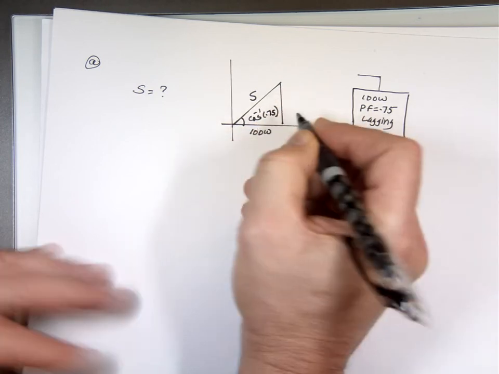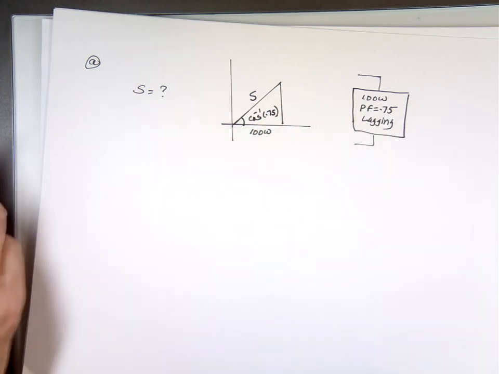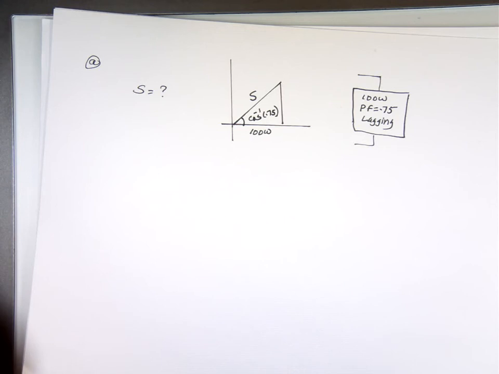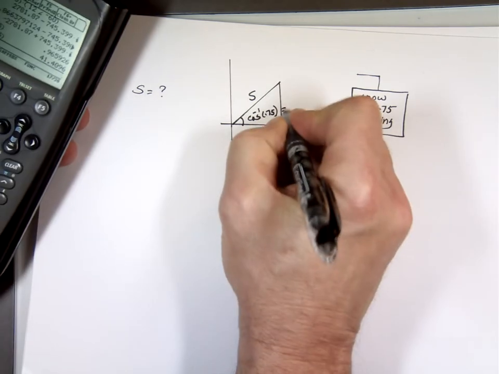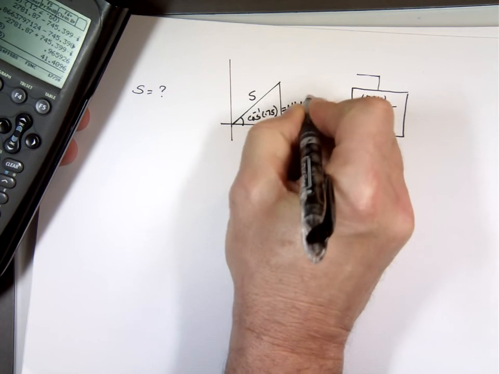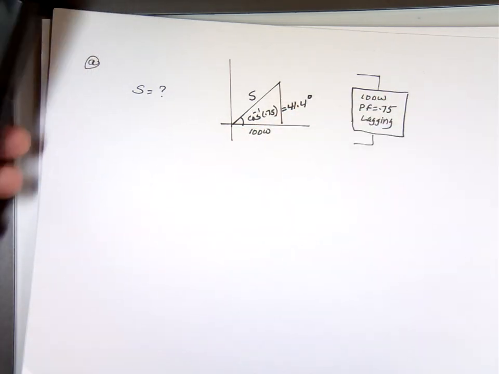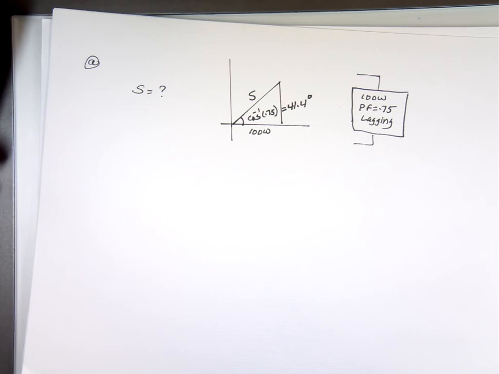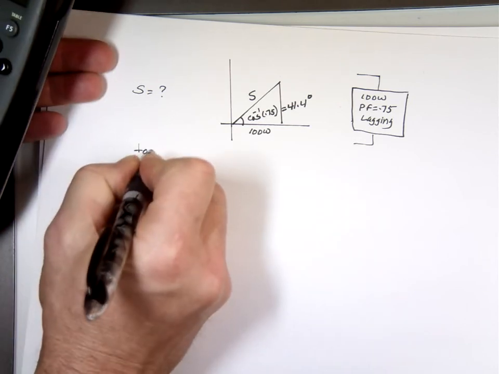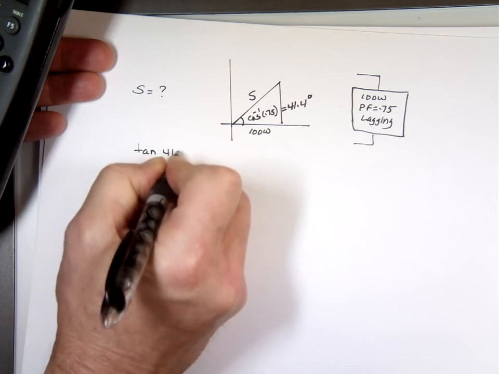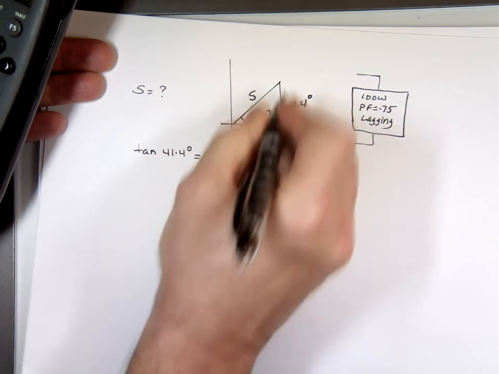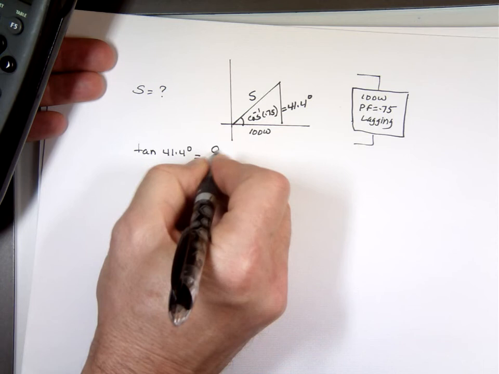What's the inverse cosine on this calculator? Second cosine, or third cosine? Diamond cosine, 0.75. 41.4 degrees. Can I find what Q is? Tangent. Yep. Tangent of 41.4 equals the side that's opposite, which is unknown to me, divided by the adjacent, which is 100.